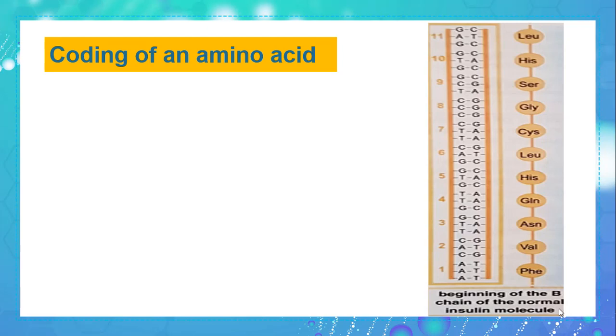First, let's confirm the number of nucleotides coding for one amino acid. Here we are given this example, an amino acid sequence of the B chain of the normal insulin molecule and its corresponding DNA molecule. As we notice, every amino acid is encoded by 3 nucleotides.